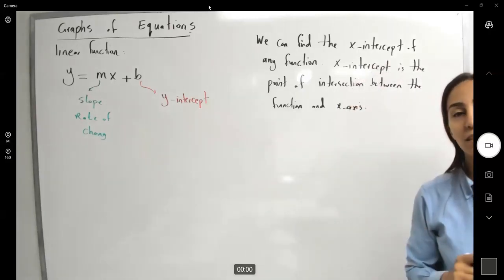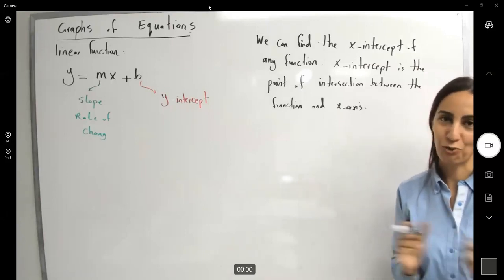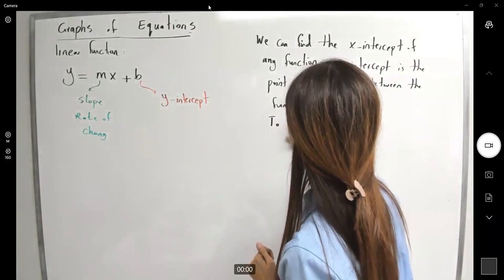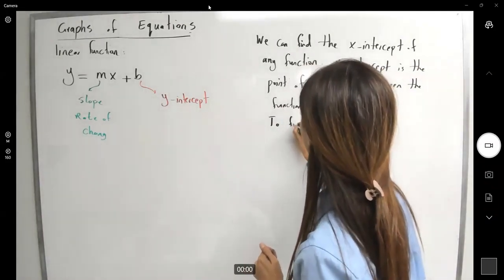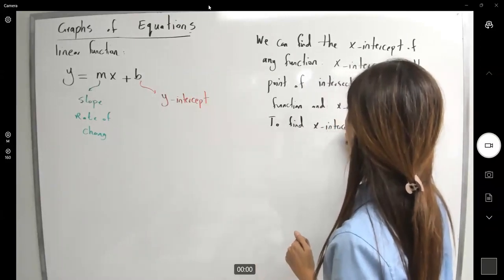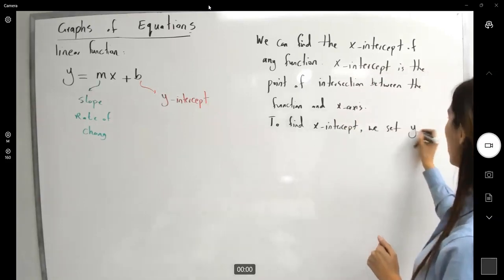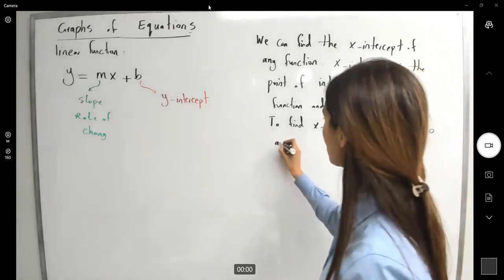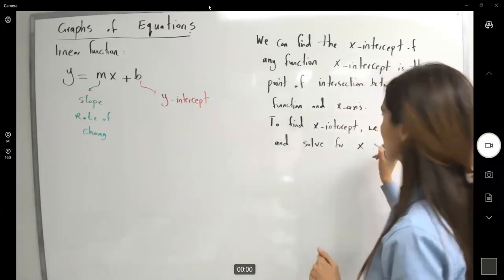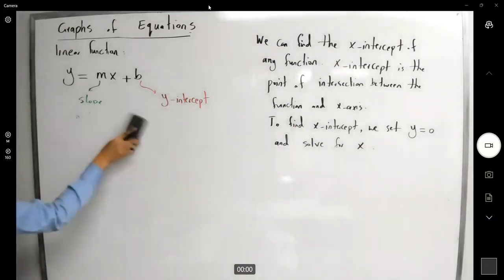To find the x-intercept, you set y equal to 0 and solve for x. Okay, let's take a look at one example.